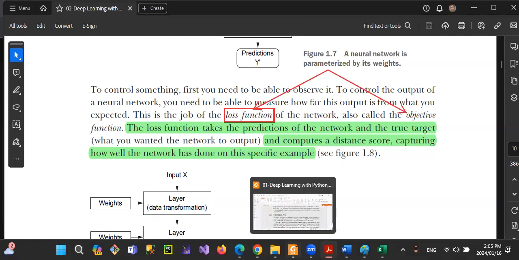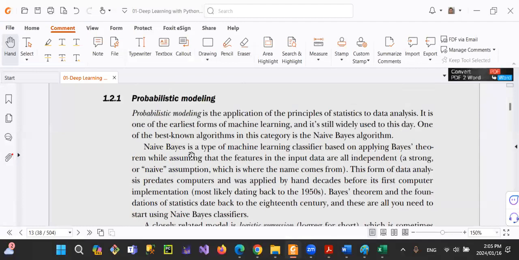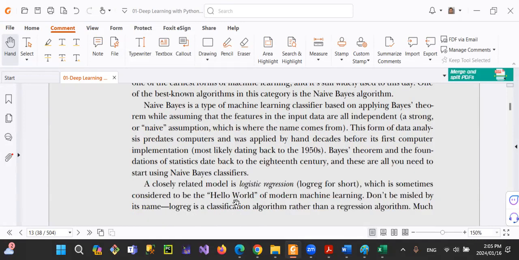So let's go to this part. It goes way back in computer programming. The naive Bayes algorithm. And one of the famous ones is logistic regression. Guys, logistic regression is one of the regression algorithms. True, false? It's very obvious.